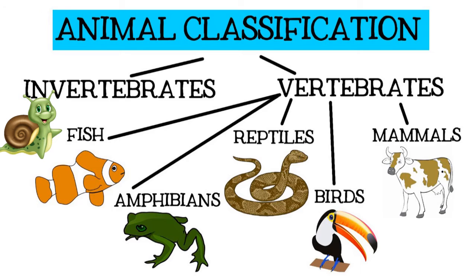Amphibians are animals which live in water and also on land; for example, a frog is an amphibian. Reptiles are animals which crawl; for example, a snake is a reptile. And birds, and also mammals, for example, cow. All these animals are examples of vertebrates.